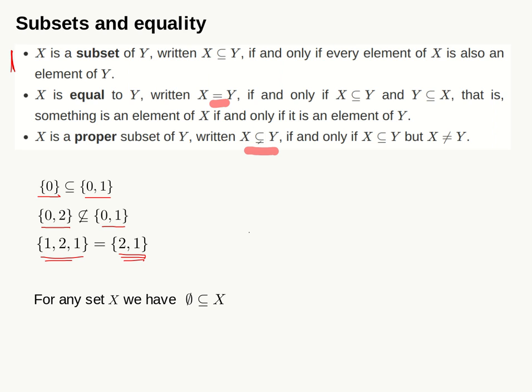So let's put this another way. If you think a set A is not a subset of B, so if you think this is not true, then what you've got to do is produce an element of A which is not an element of B. So if this is true, then there exists an element little a in big A with little a not in B. But you can't find an element of the empty set which is not in X, because there are no elements of the empty set at all.